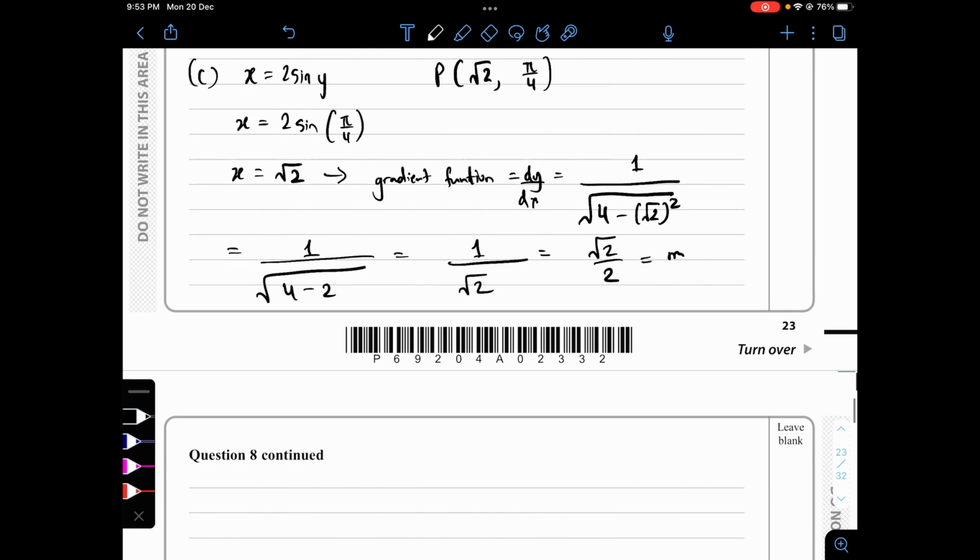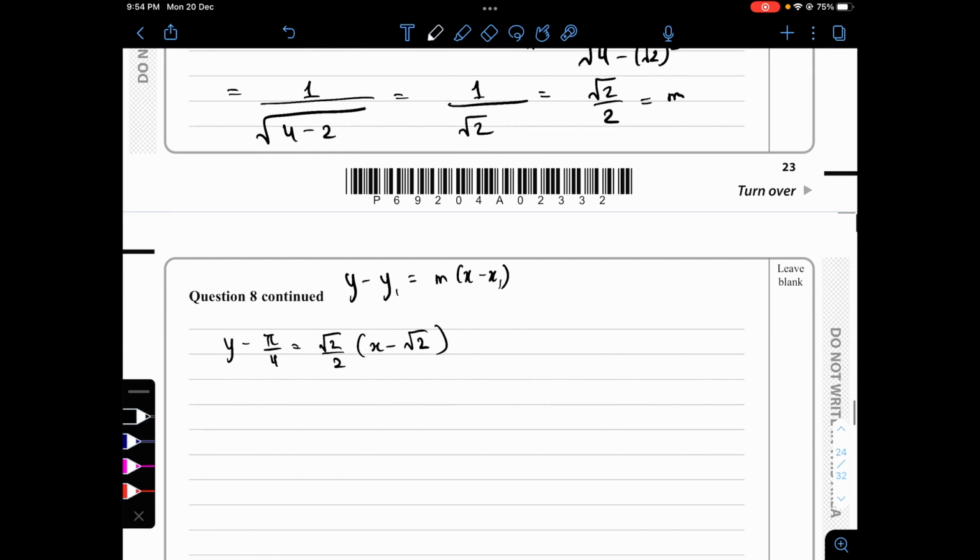Now all we have to do is y minus y1 equals m times x minus x1. We know our y coordinate, so y minus pi over 4 equals, and our gradient is root 2 over 2 times x minus root 2.